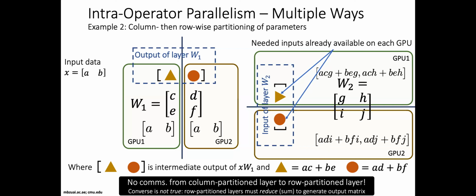So what has happened here is that this output of the first layer, this triangle on GPU1, did not need to be communicated to GPU2. Likewise, the circle did not need to go to GPU1. So what I've just shown here is a very common technique in large-scale model parallelism, where you alternate between row and column partitioning, which cuts down the communication in half.